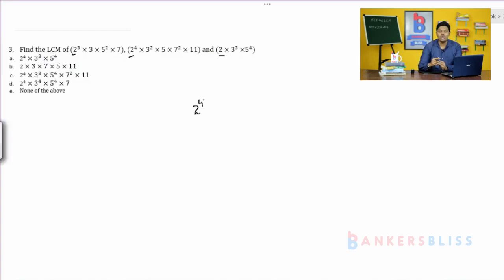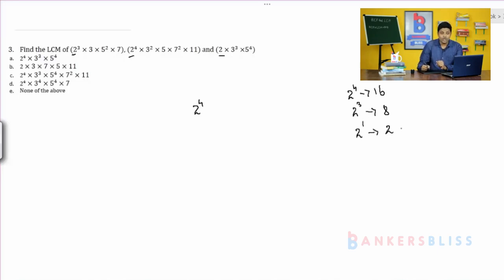Why we have to consider 2 power 4? 2 power 4 means 16, 2 cube means 8 and 2 power 1 means 2.